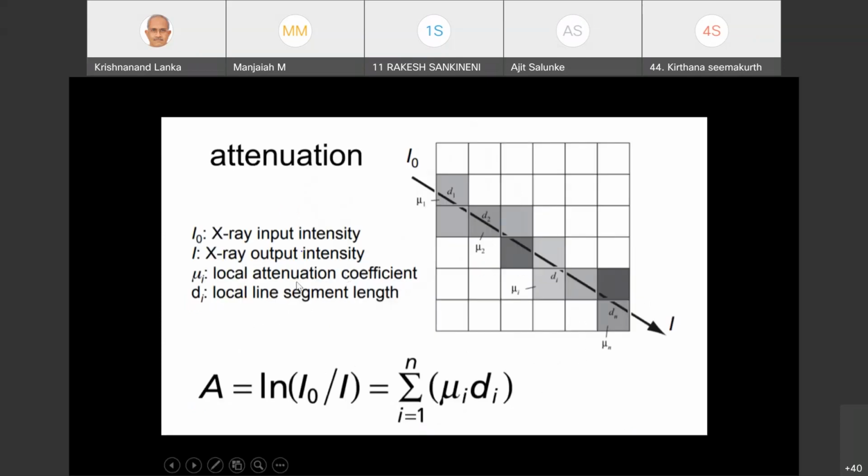So here, what we are doing is, this is the inlet in which the beam is passing out.